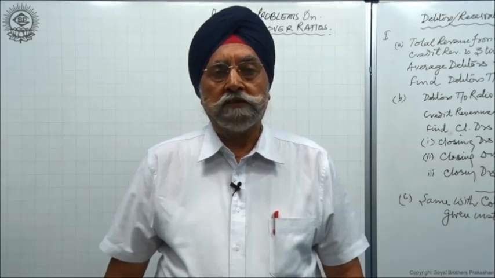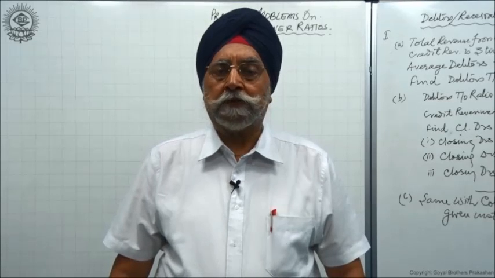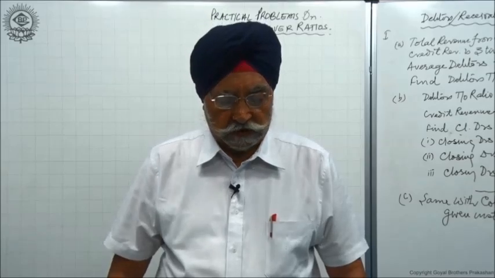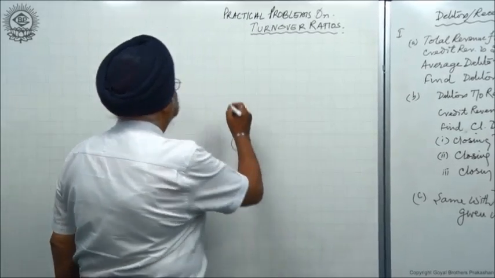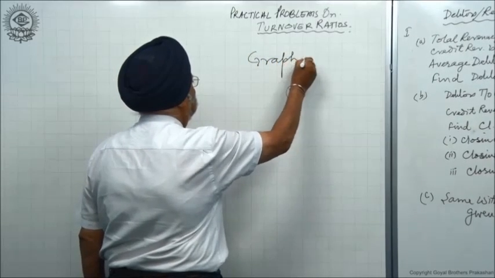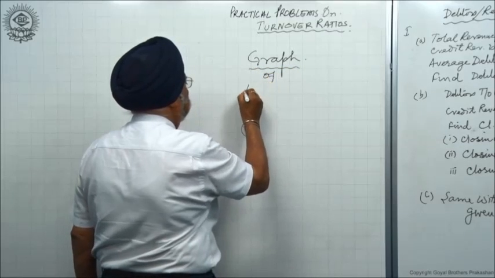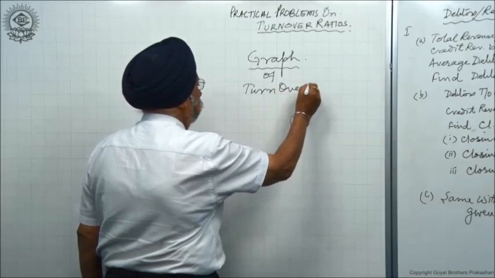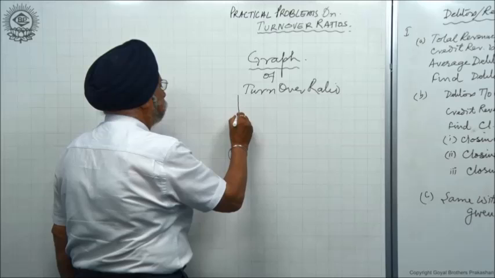Generally, the managers, marketing managers or sales managers, keep a graph of turnover ratios in their offices. What they indicate is, I am going to show it here, the graph of turnover ratios. It goes like this.